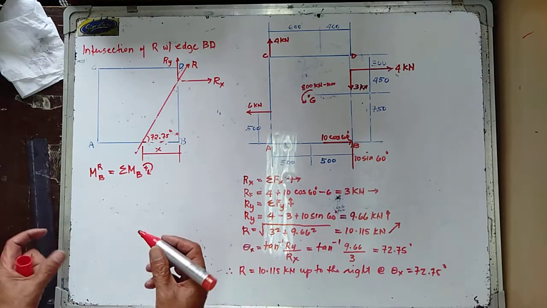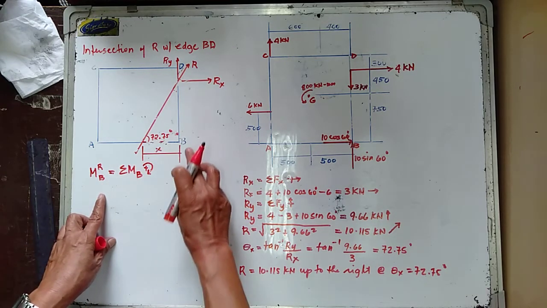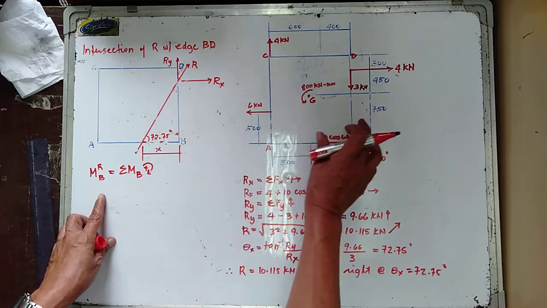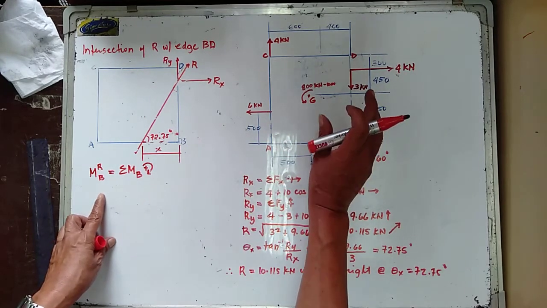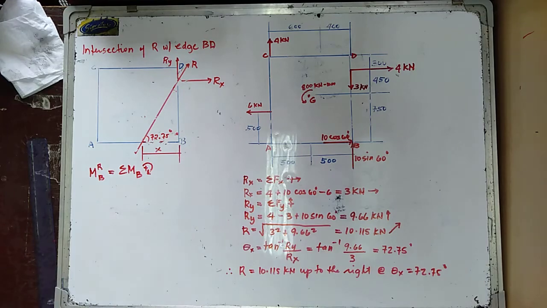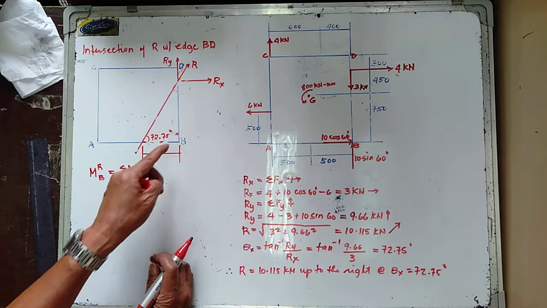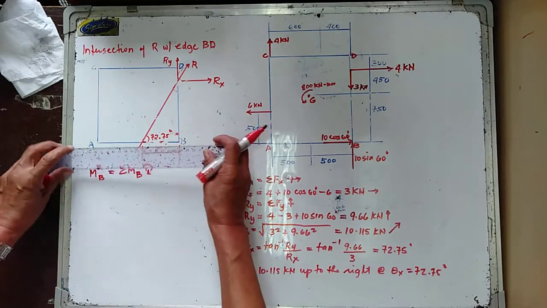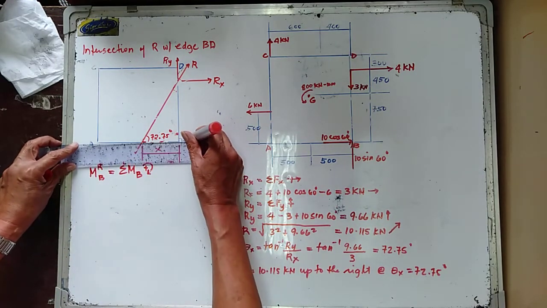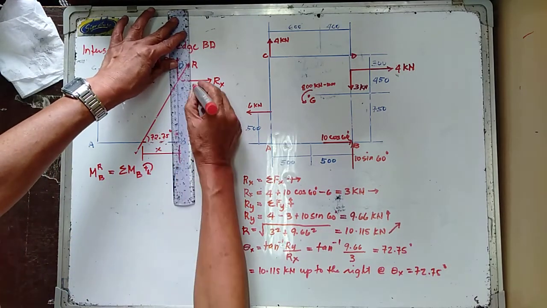Okay, so if you try to take moment of the resultant force about point B, it is now equal to the moment of all the forces acting on the plate at the same point B. So your Ry has no moment about point B. So I'm just going to consider that this one in here is now your Y.